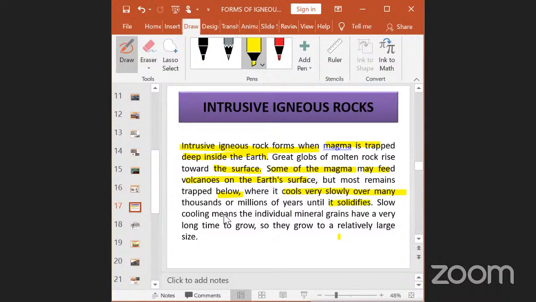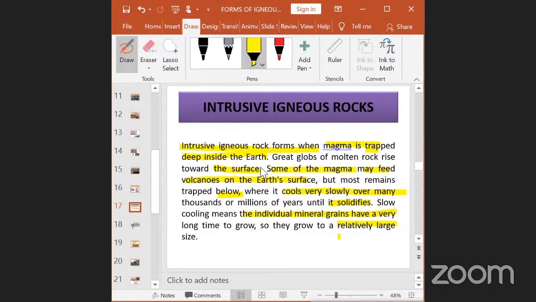Slow cooling means the individual mineral grains have a very long time to grow, so they grow to a relatively large size, right? When magma is trapped and crystallizes below the earth surface, molten rocks rise towards the surface.